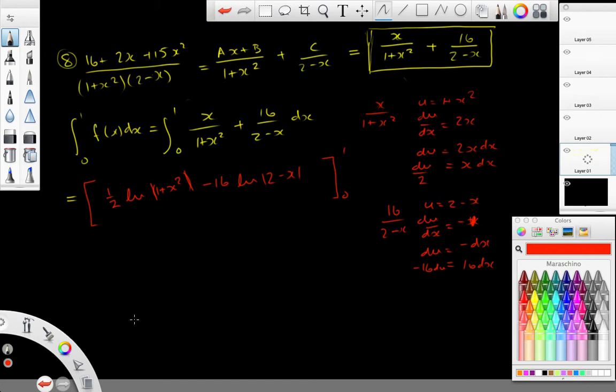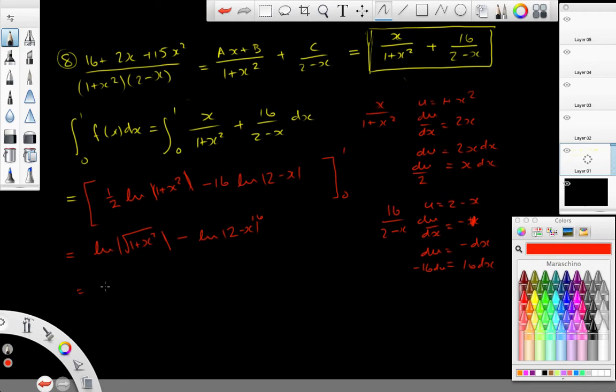Right, there we go. Now we can evaluate that. Well, we can rearrange that. That's going to be the log of the square root of 1 plus x squared, minus the log of 2 minus x to the power of 16.